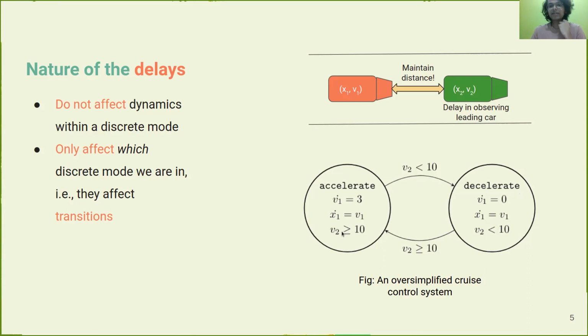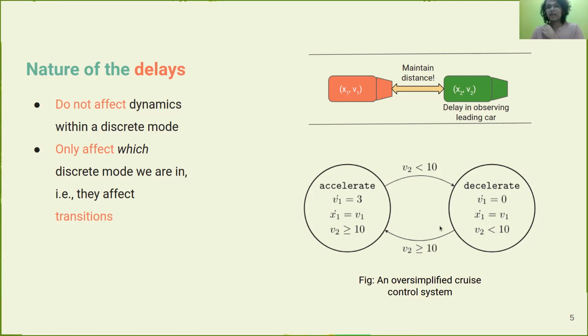Basically, when the leading car has a velocity of greater than 10, we ask the orange car to accelerate with constant acceleration of 3. And when the leading car's velocity dips below 10, we ask the orange car to start decelerating, and we nullify the acceleration.